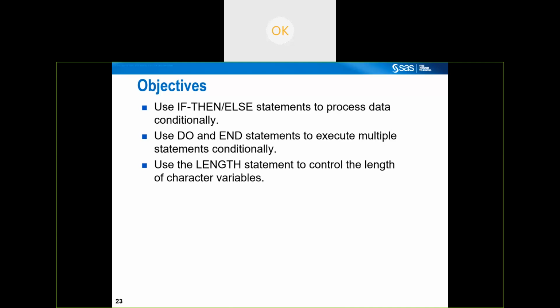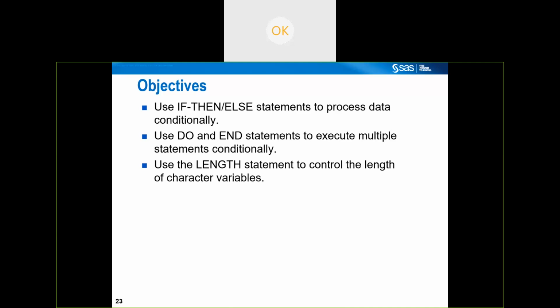Now we proceed with if then. So if then else, kita boleh gunakan untuk subset the data. Maksudnya kita ambil sebahagian data from the original data, kita hanya ambil sebahagian based on conditions.